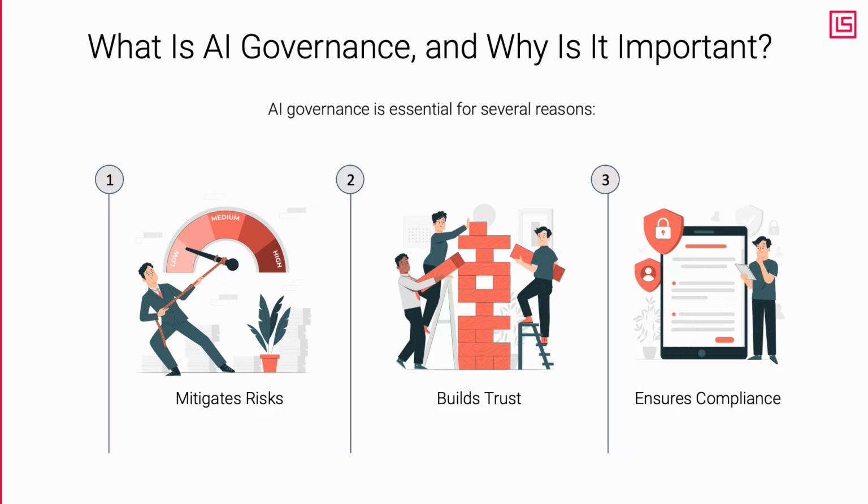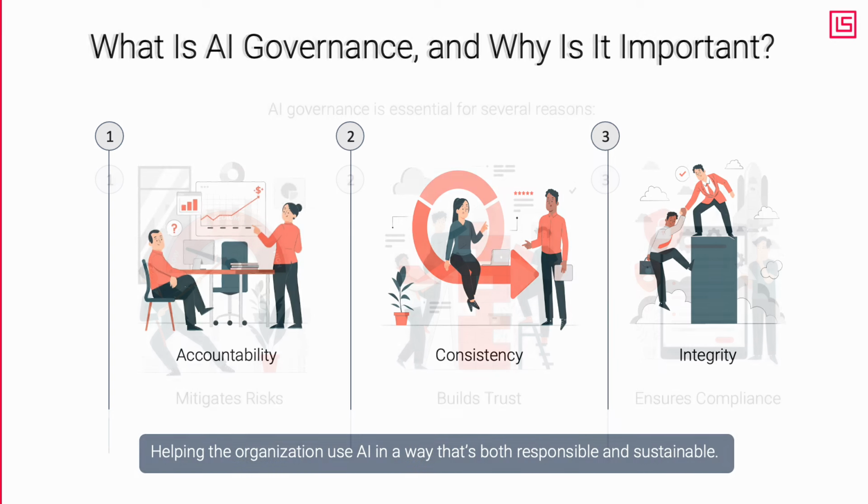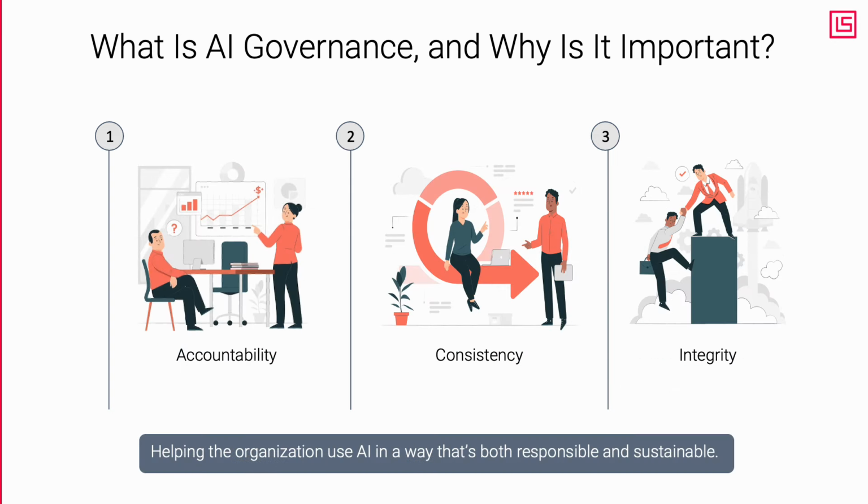Governance aligns AI initiatives with laws and regulations, such as GDPR or CCPA, that protect user privacy and promote responsible AI. In a generative AI CoE, governance ensures that models are built with accountability, consistency, and integrity, helping the organization use AI in a way that's both responsible and sustainable.